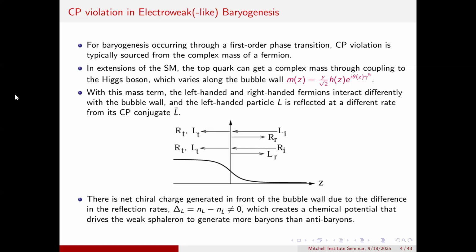In this picture, we have equal numbers of L and L bar coming in, and they scatter at different rates. The result is that a net number of left-handed fermions is generated in front of the bubble wall. This would create a chemical potential that would drive the weak sphaleron to generate more baryons than antibaryons.